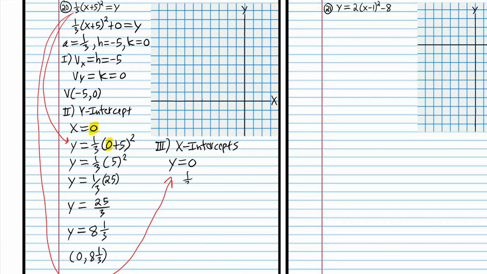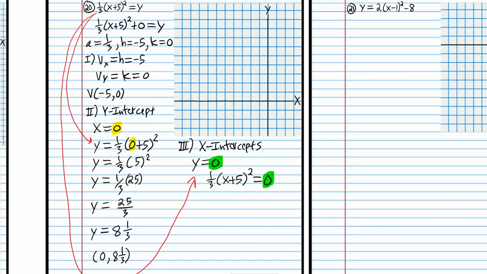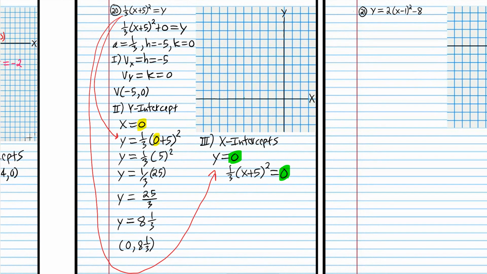So we have 1/3 times (x plus 5) squared equals 0. I'm plugging in 0 there to find the x-intercepts. Remember, when you want to find the y-intercept, you let x equal 0. When you want to find the x-intercept, you let y equal 0. So that's what we're doing.